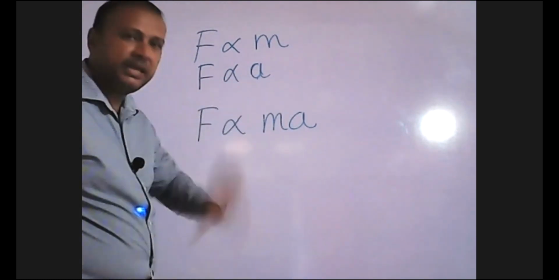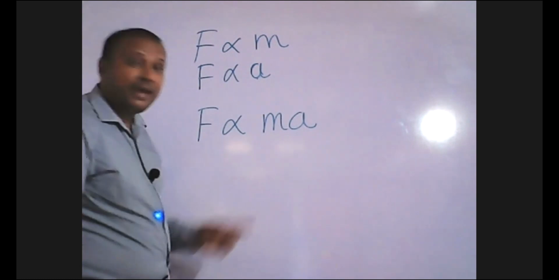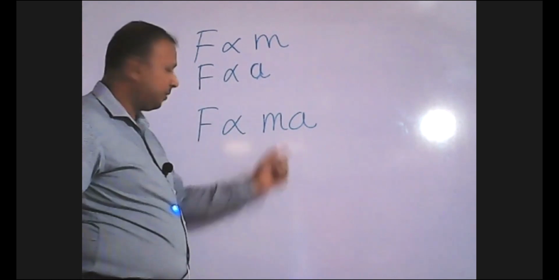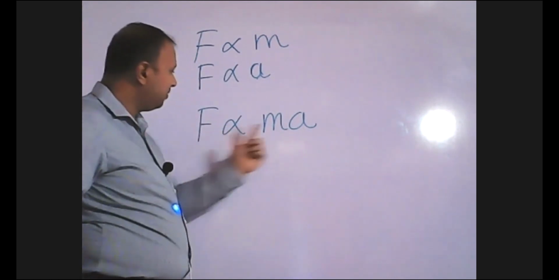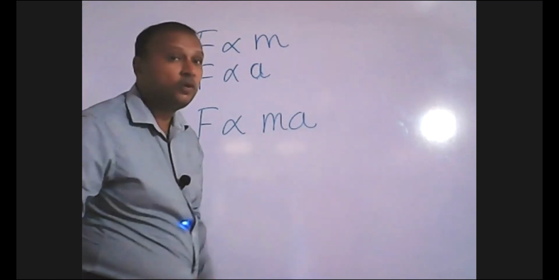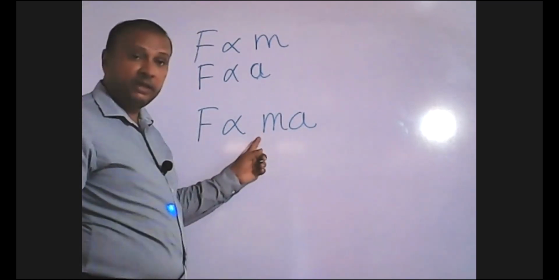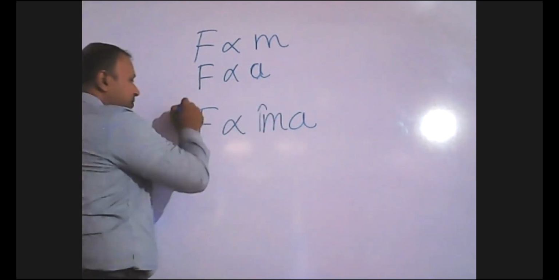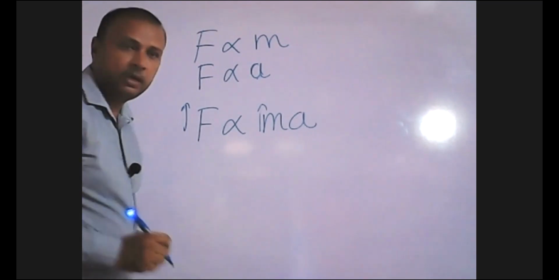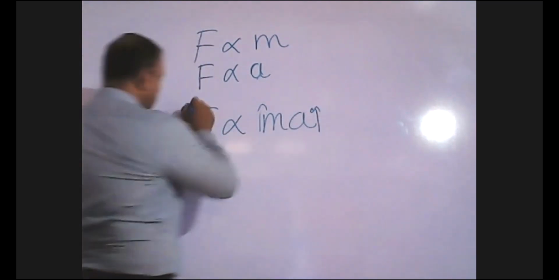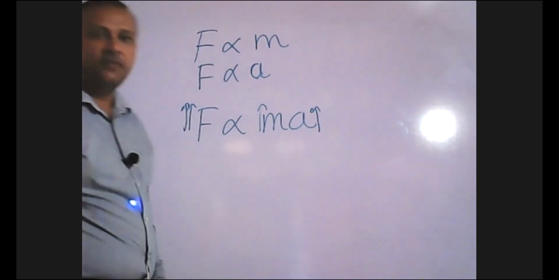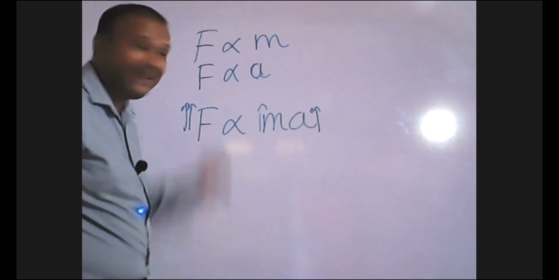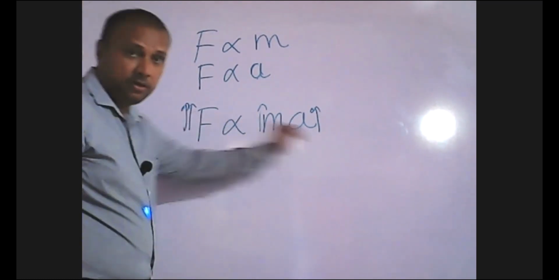So I can combine these two proportionalities this way: F directly proportional to the product of MA. When M increases, F also increases. When A increases, F also increases. So if there are two relationships, we can combine them in this way.